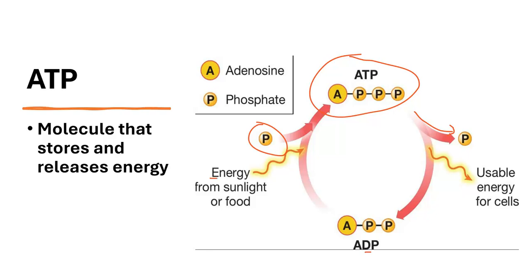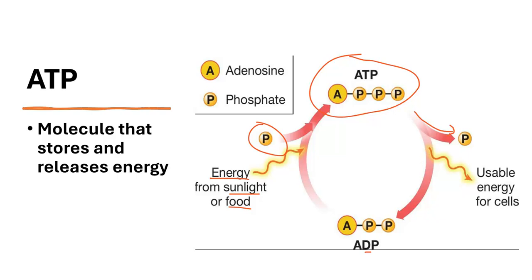So here you see energy from sunlight or energy from food. So breaking down food can help to generate ATP. Plants produce ATP when they go through the process of photosynthesis. So they're taking light energy and they're kind of storing it up in this ATP molecule.